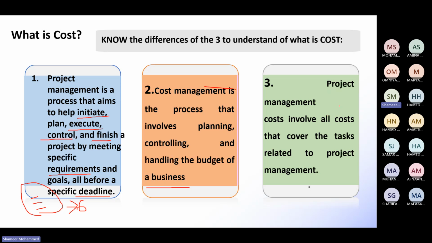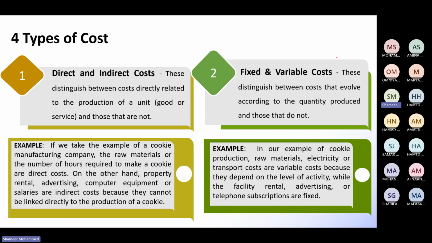It covers all the types of cost. What types of cost we will learn now slowly. It involves the cost required to perform all the activities. So that is why you should know what is a cost and what is the price. Now, types of cost.